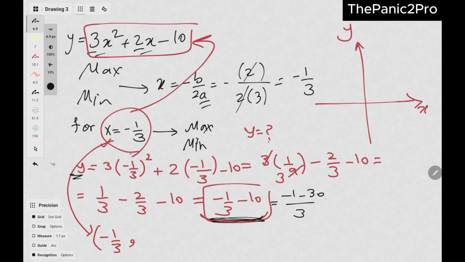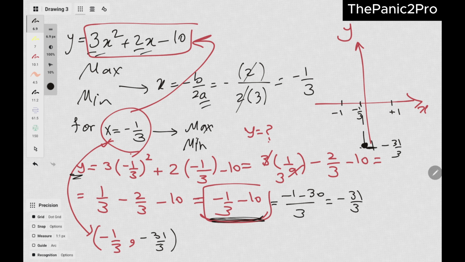Minus 1 minus 30 is going to be minus 31 over 3. So if I want to show this point, here is minus 1 over 3 roughly, and let's say here would be roughly minus 31 over 3. My point would be something around here.